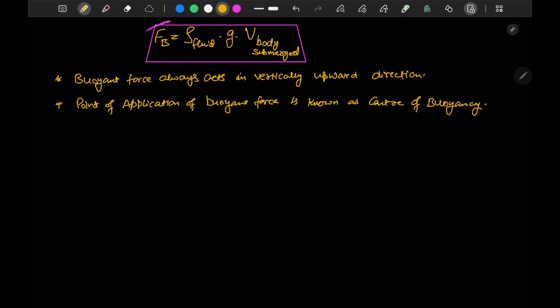And it lies on the centroid, or basically I can say CG, center of gravity, of the volume of fluid displaced.